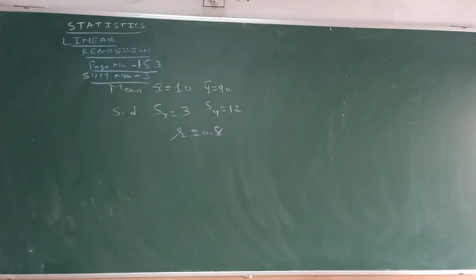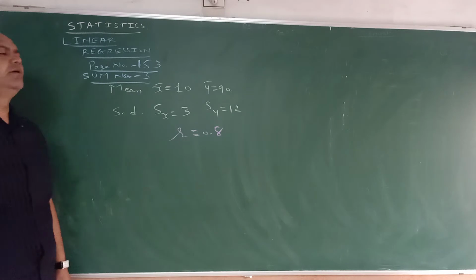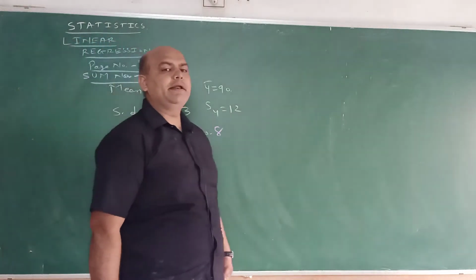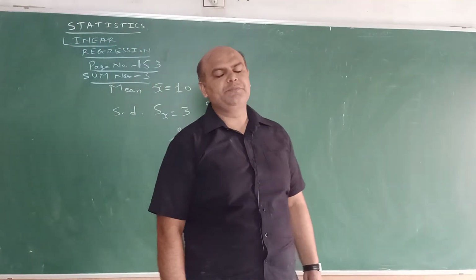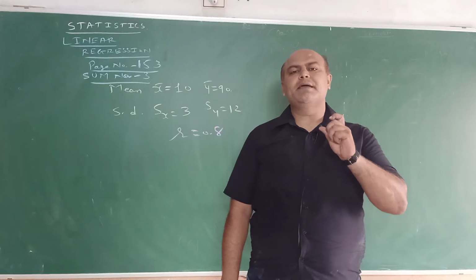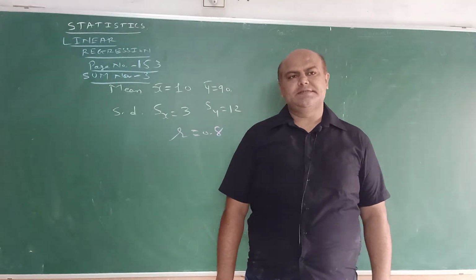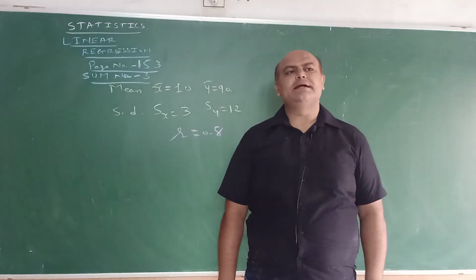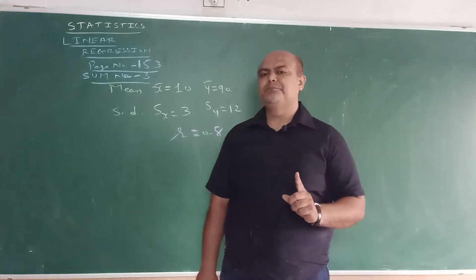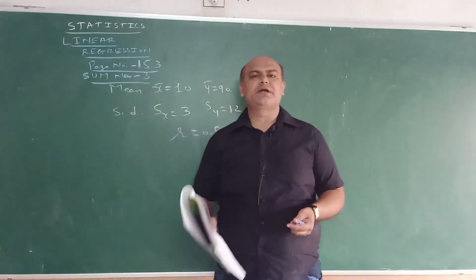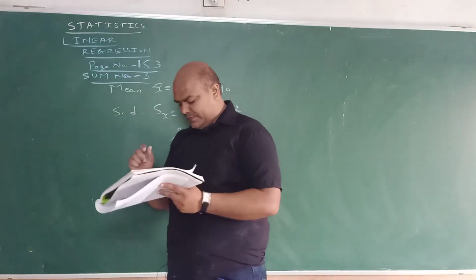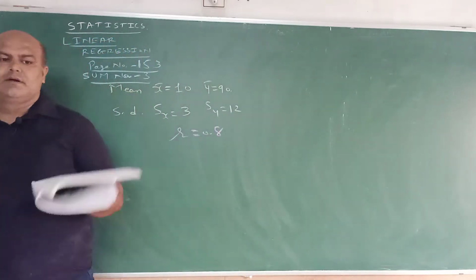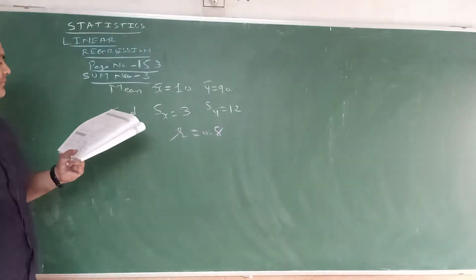We have to pass through 3 steps. First, the regression coefficient, denoted by b. Second step, the constant, denoted by small a. And third step is the regression line, denoted by y cap. Now let's start the sum.